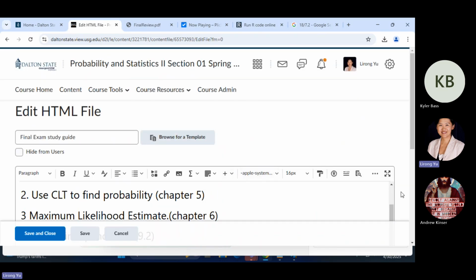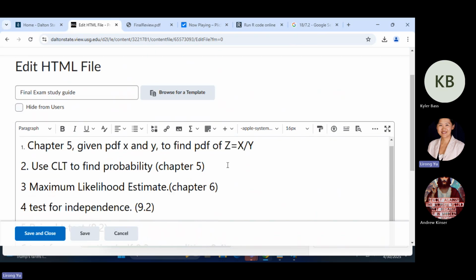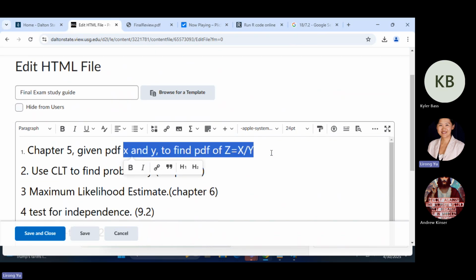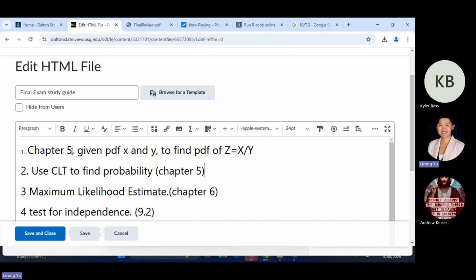So the first question, instead of doing this, I feel like to do this you have to review a lot of content that we did in 5.2. Instead of relearning 5.2, let's make it a question from section 5.3. That's our first assignment.